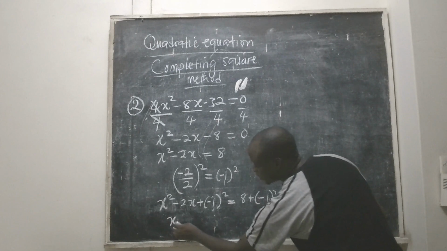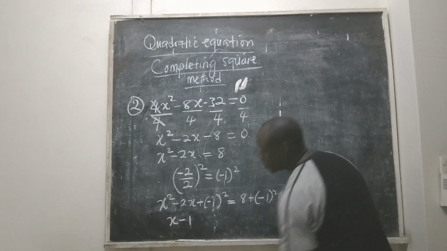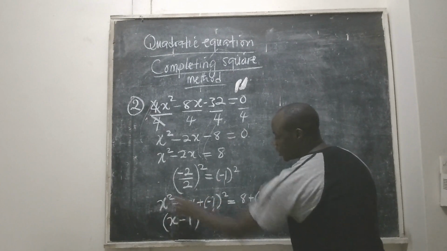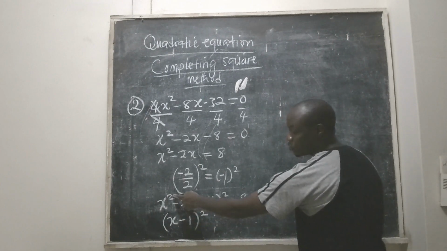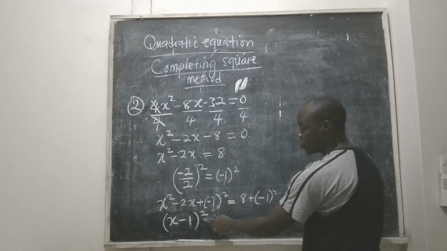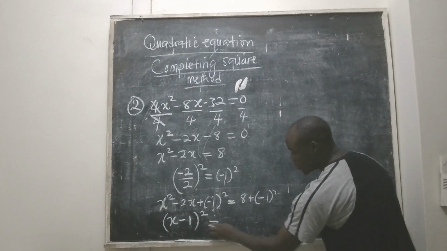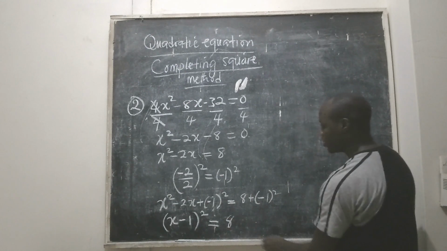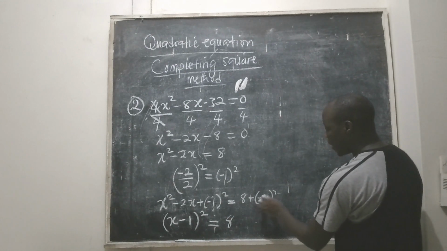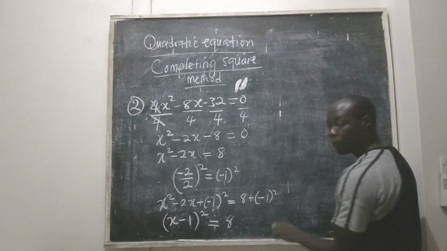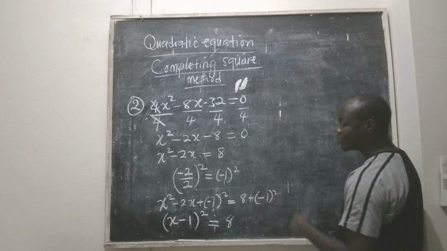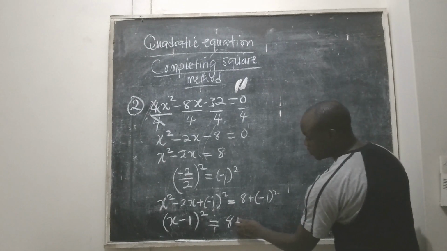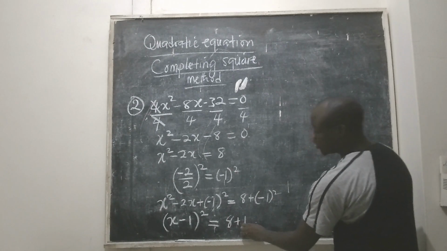We now have x minus 1, open bracket, close bracket, and then square it, because this one has a square and this one has a square. Then it equals 8, and minus 1 squared is plus 1. So therefore we have 8 plus 1.